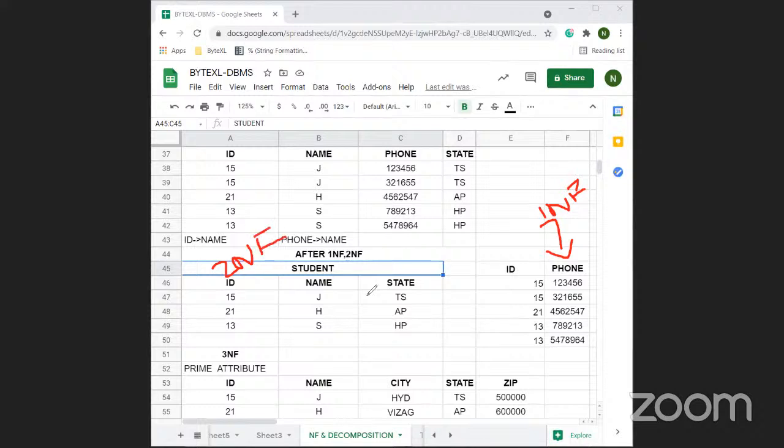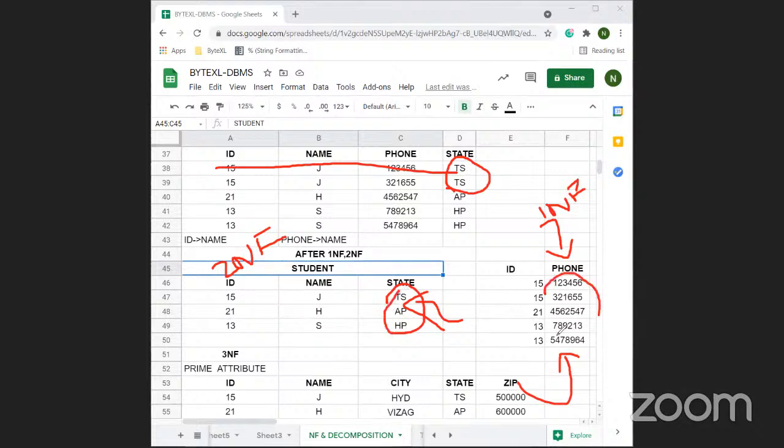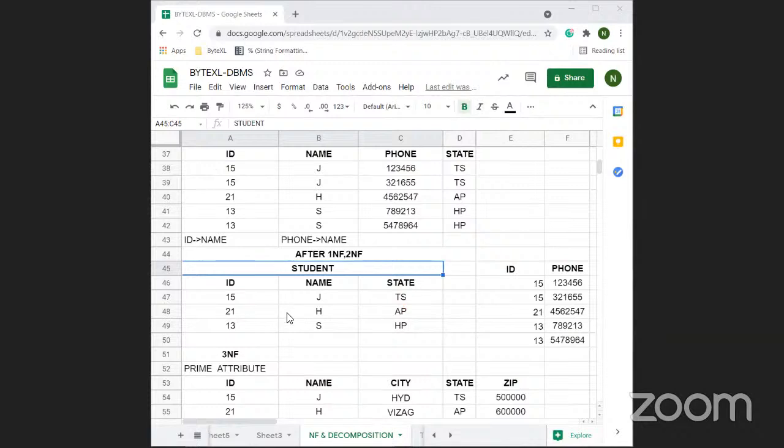Now, if I want to update the phone number, I have to do it only in one place. If I have to update the state or address of a person, again, if I do it in one place, it is sufficient. In this, if I have to update the state of 15, in one and two places I have to change. Now, the address, there are no duplicate values. The phone numbers, there are no duplicate values. This is second normal form.